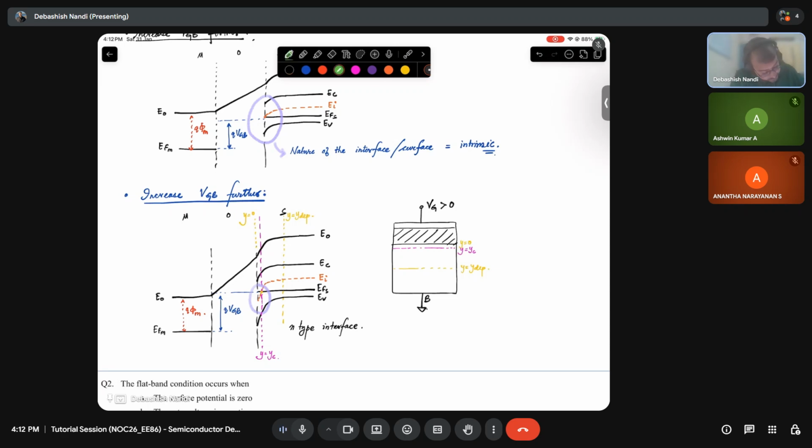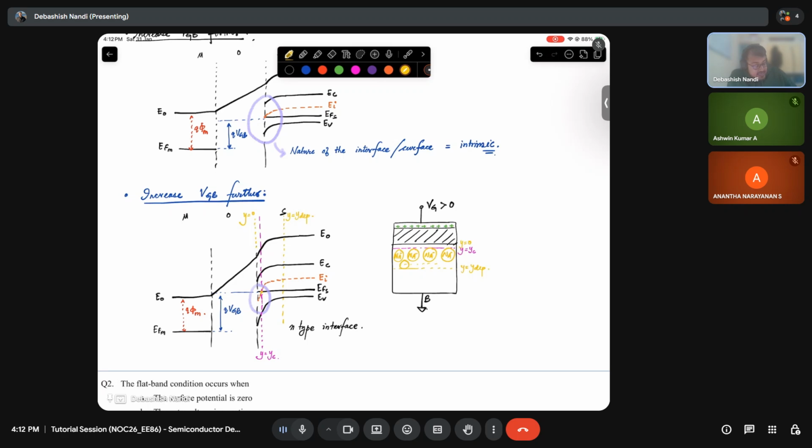So I'll have positive charges here, more number of positive charges, and that will get compensated by Na minus ions, right?